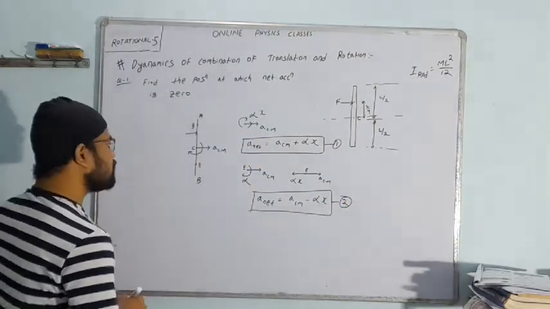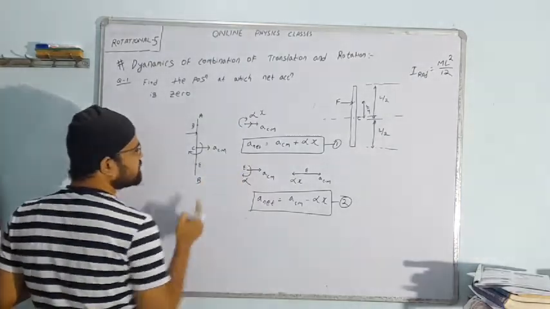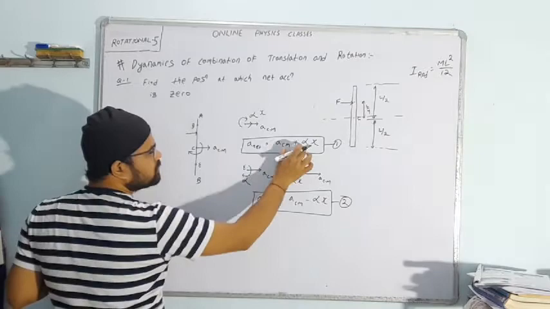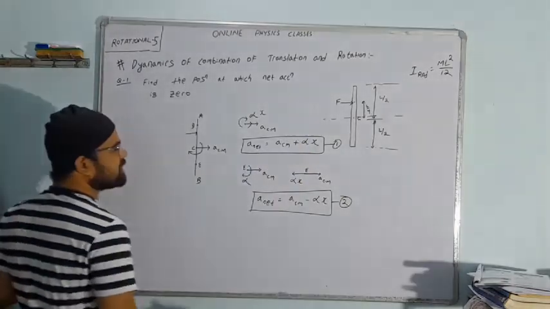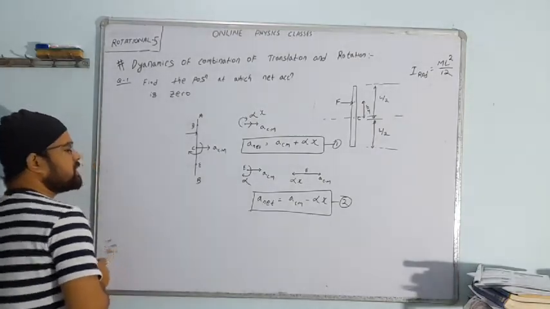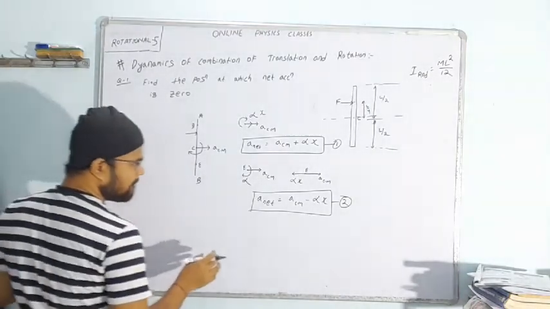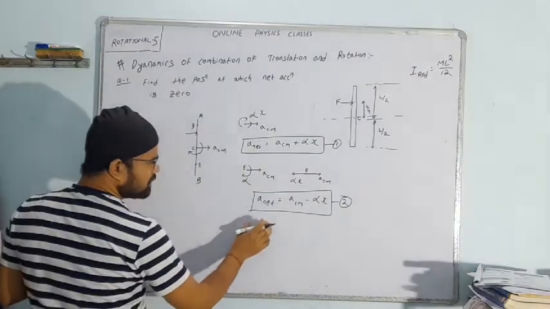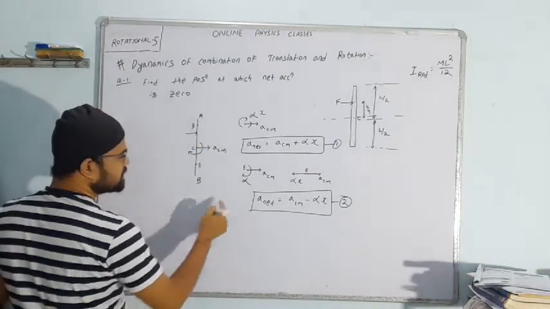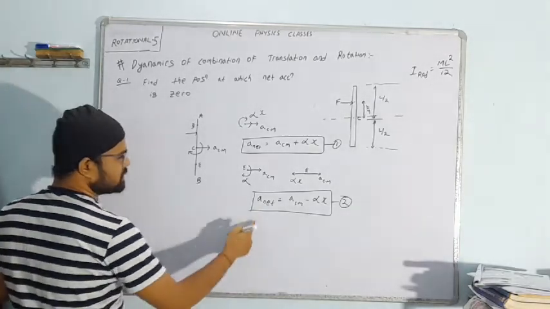Can equation 1 be 0? No, there are two positive terms, so equation 1 will never be 0. Now for the acceleration below the center, this term can be 0.